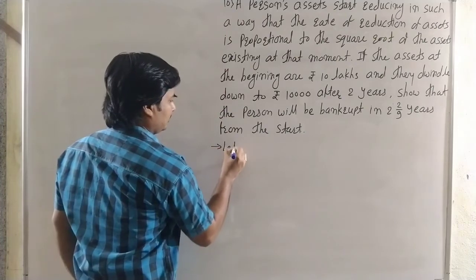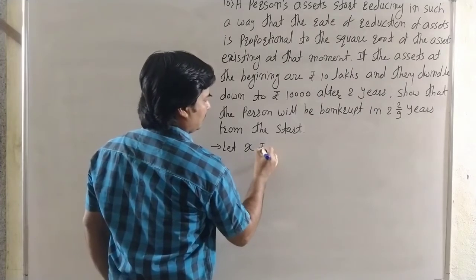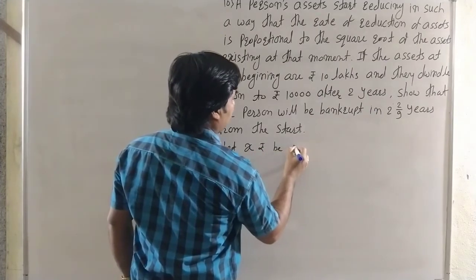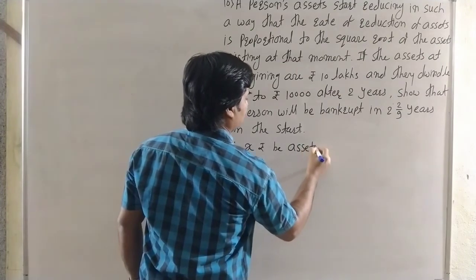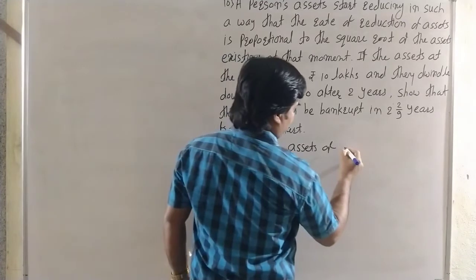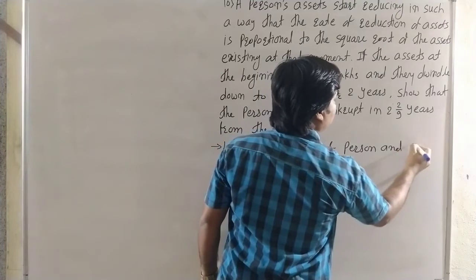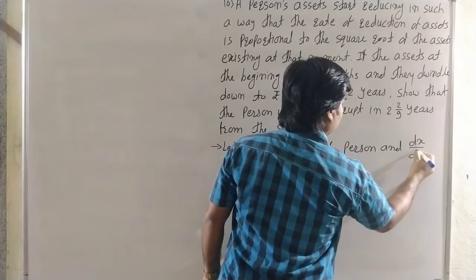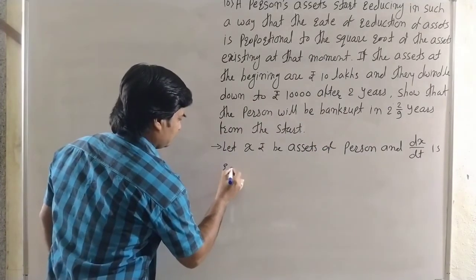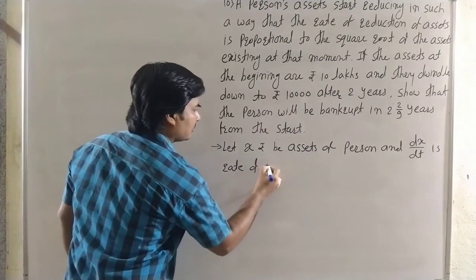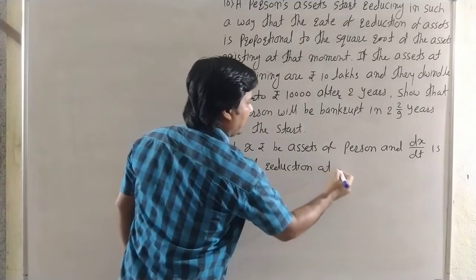Let x rupees be the asset of a person, and dx by dt is the rate of reduction at time t.